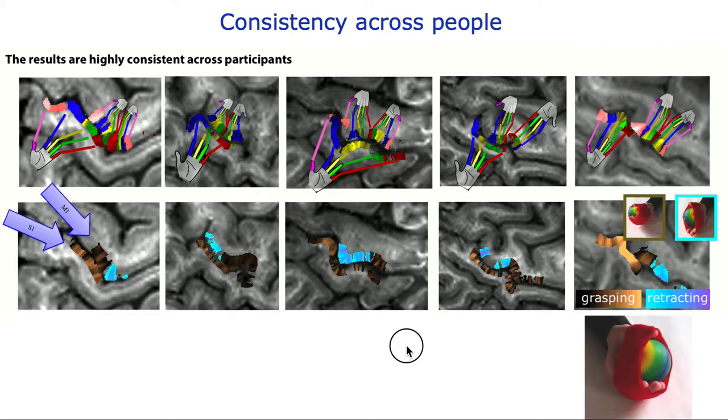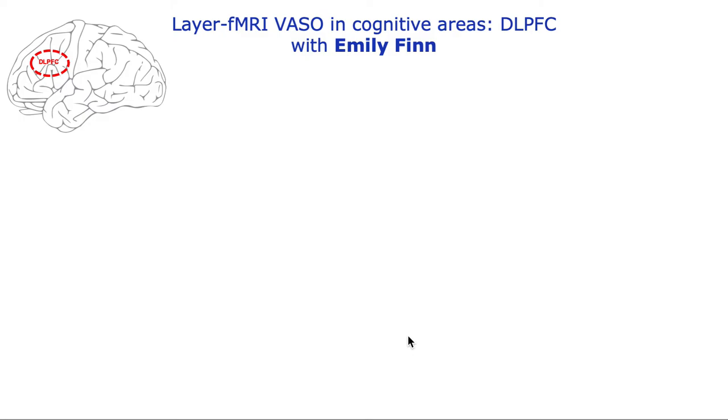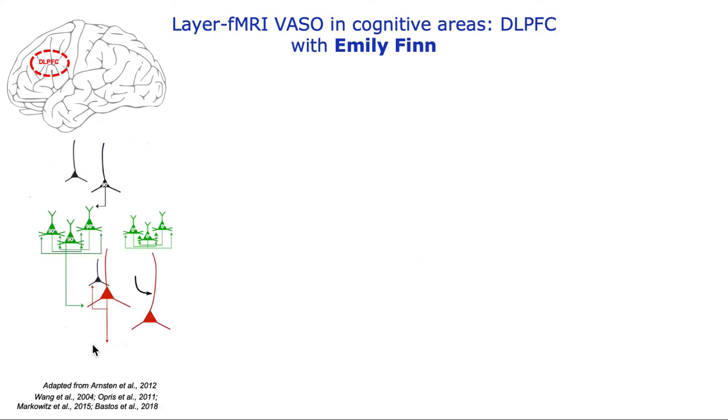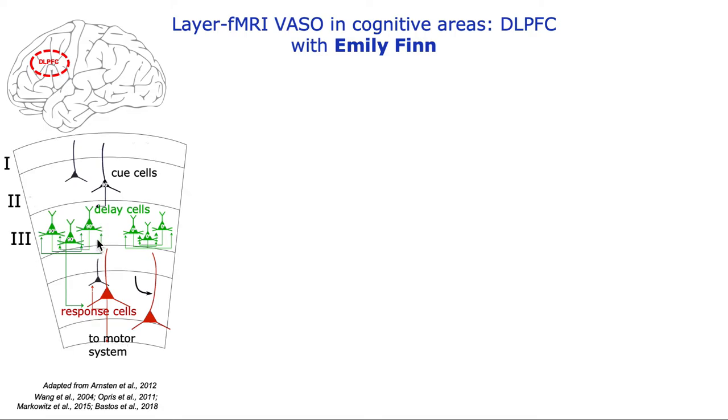Different muscles are involved. We can also use layer-dependent fMRI in more cognitive tasks, like in this example here in the dorsolateral prefrontal cortex, where we also have very specific hypotheses about the densely packed microcircuit. For example, we know that we have cue cells, we have delay cells, and response cells that eventually trigger the motor system, differently aligned across the different cortical laminae.